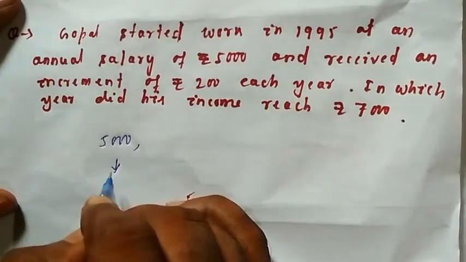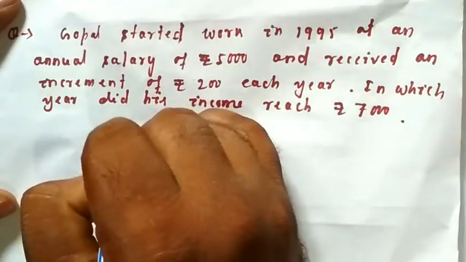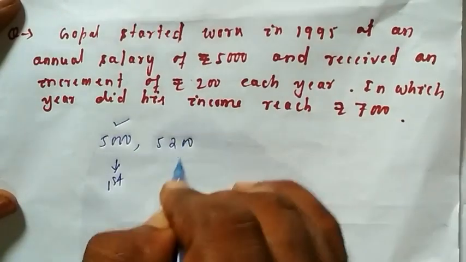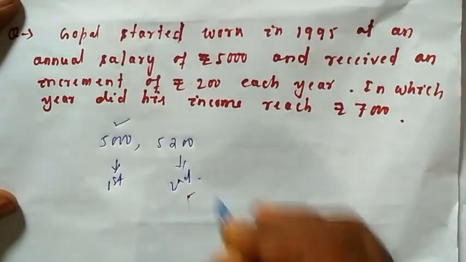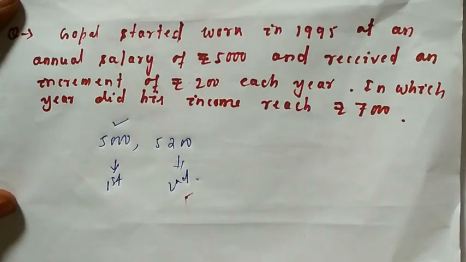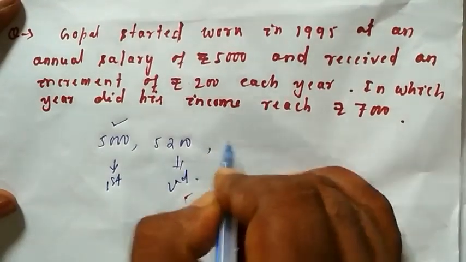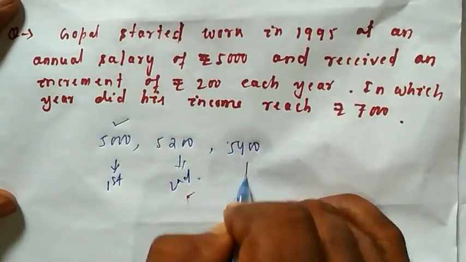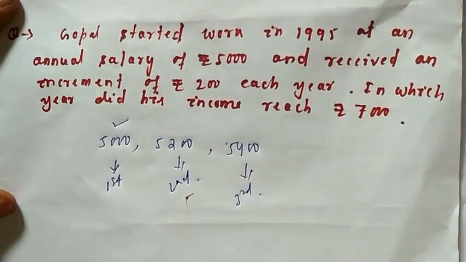In the first year, the salary was 5,000. In the second year, it will be 5,200. Why? Because 200 increase. Again in the third year, the salary will be again 200 increase, 5,400 in the third year.